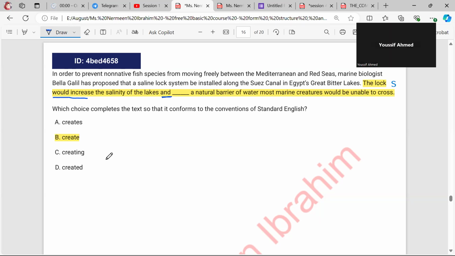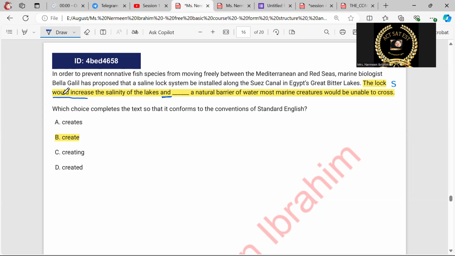Yes. Okay, and there must be a similarity between the verb form here and the verb form here, because you are adding them to each other. Would increase and would creates. Can I say that? No. I can't say would increases.